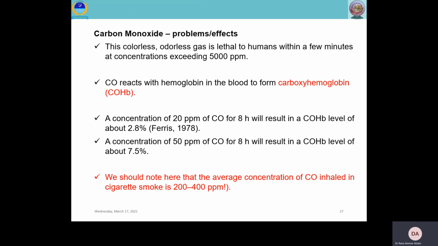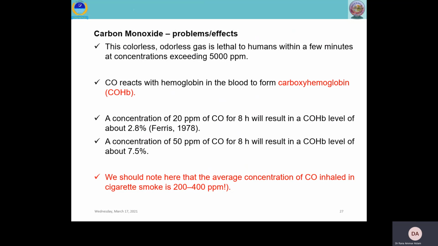Like other air pollutants, carbon monoxide is very harmful for human health, even when a person is exposed to a concentration of more than 5,000 ppm for a few minutes, right?